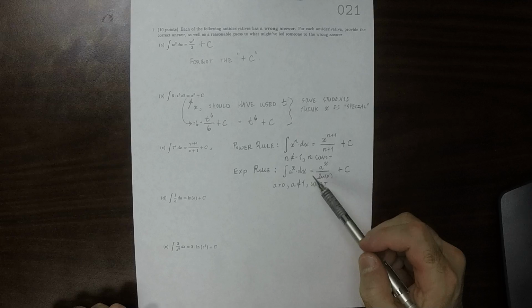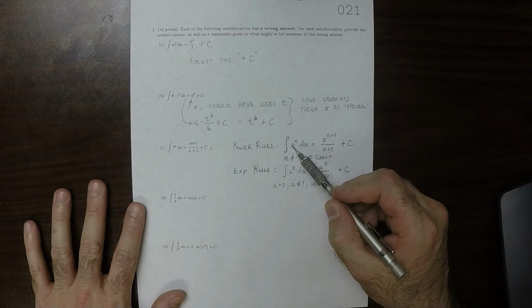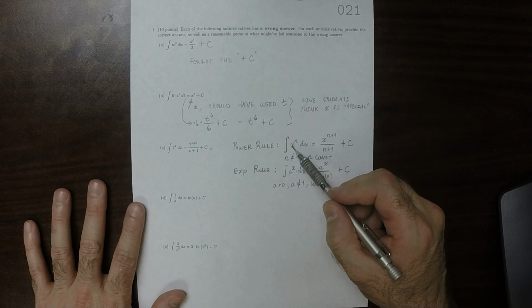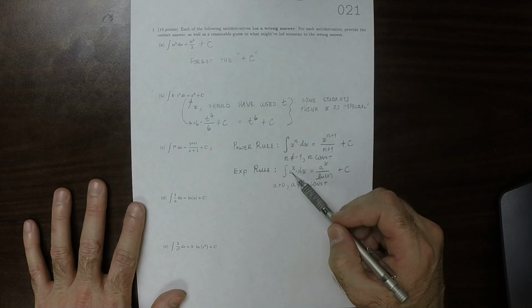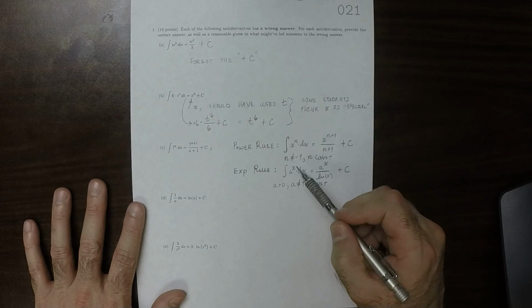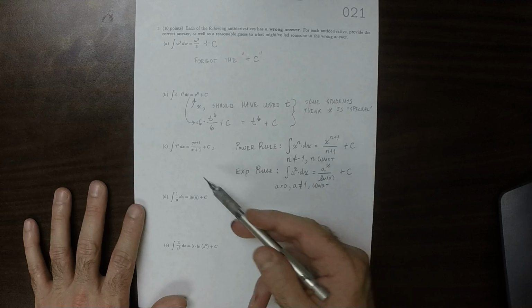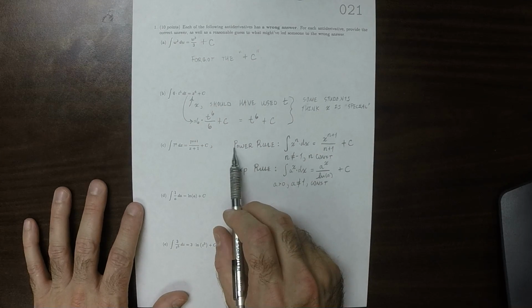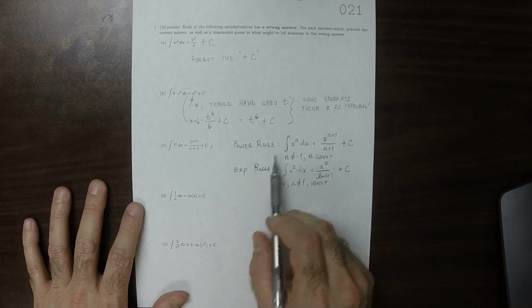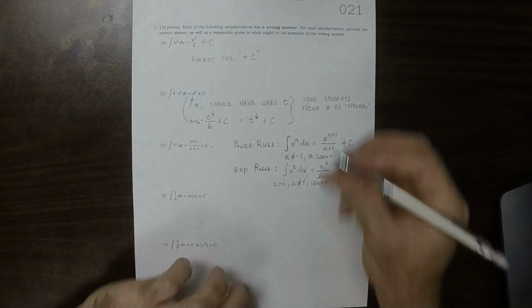So they look kind of similar, but in the end, the power rule is for variable to constant exponent, and the exponential rule is for constant to variable exponent. So the mistake here is that the variable is x, and a student used the power rule when they needed to use the exponential rule.